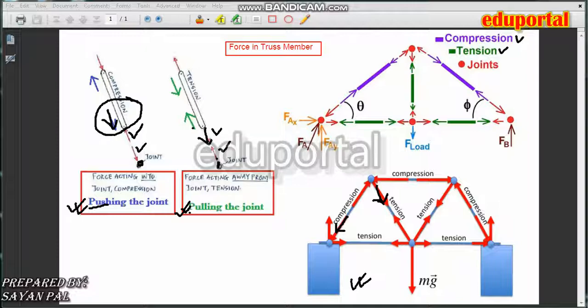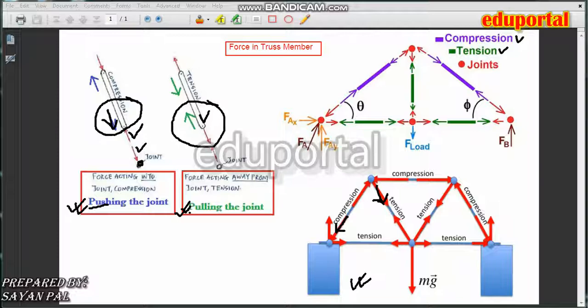As a result, there will be an internal force developed to balance this force. So this is the internal force developed. Because of the pulling of the joint, this kind of internal force is developed in the member. So this is called tension.